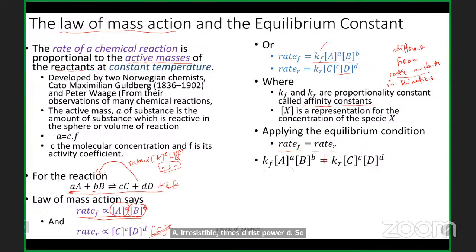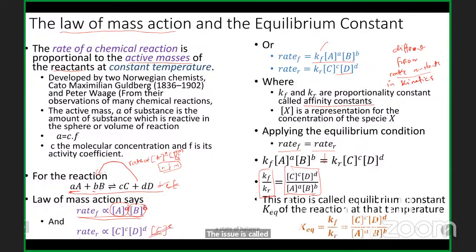So what does that give us? If we put the affinity constants on one side and the concentrations on one side, we get this ratio. The ratio is called the equilibrium constant of a reaction.